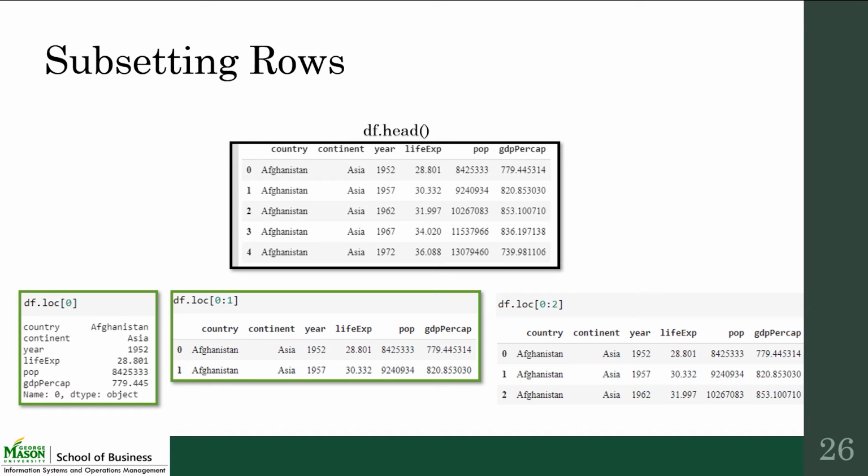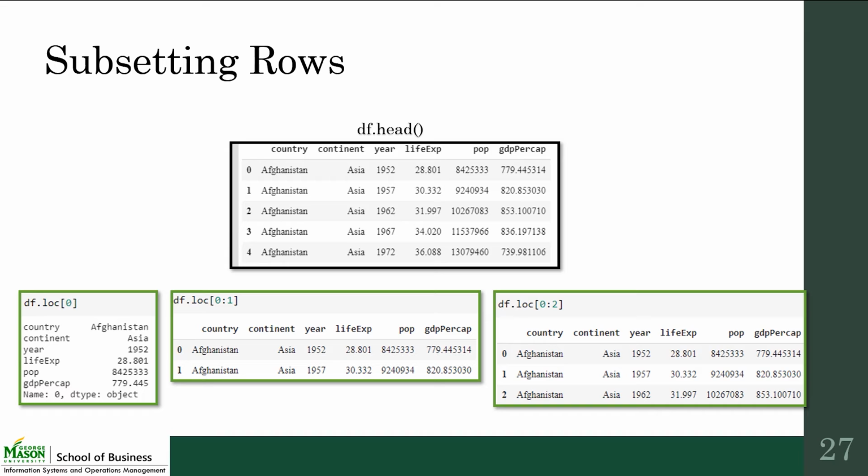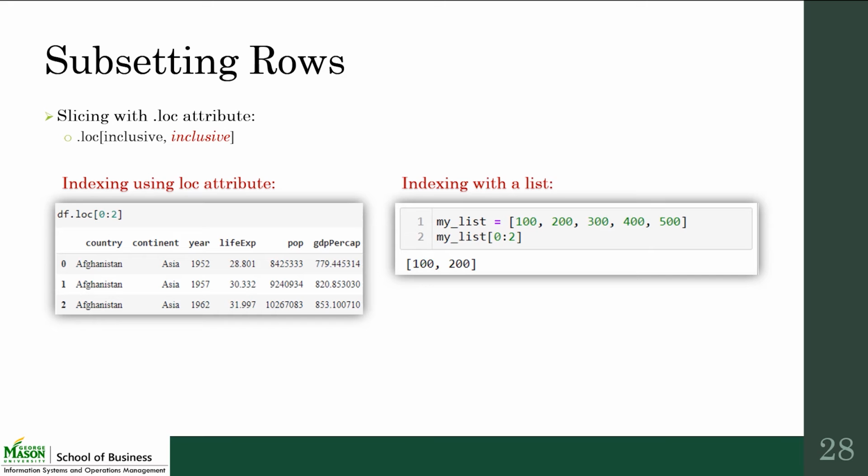So we have 0:1, where 0 is the first row in the data frame and 1 is the second row in the data frame. The colon is used to slice or get a range of rows or columns within the data frame. And lastly, the example on the far right subsets the first 3 rows of the data frame. The difference here, when comparing it to indexing with lists, is that the number after the colon is inclusive.